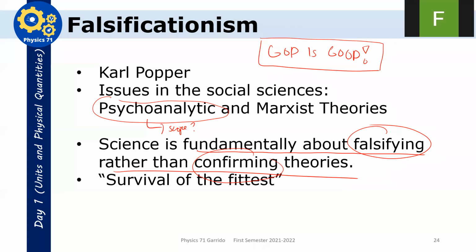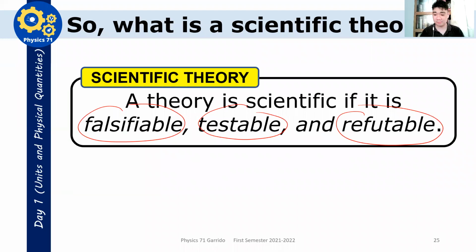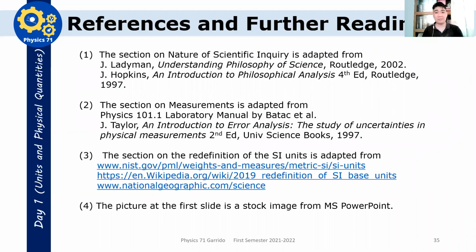So, here's some references and further reading on ideas. And when you go to Nature of Scientific Inquiry, just read Ladyman or Hopkins because these are ideas on philosophy of science. And then on measurements, I've given to you some ideas from our Physics 101.1 or 106.1 laboratory manual.